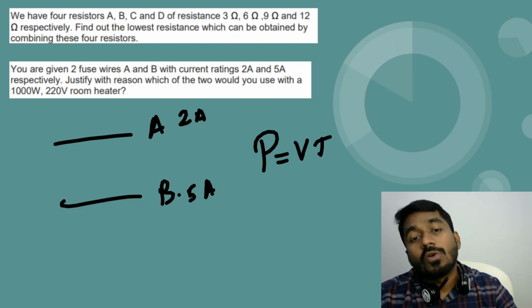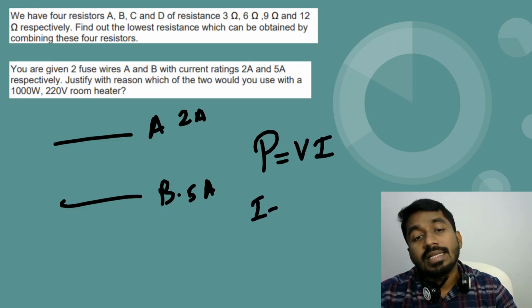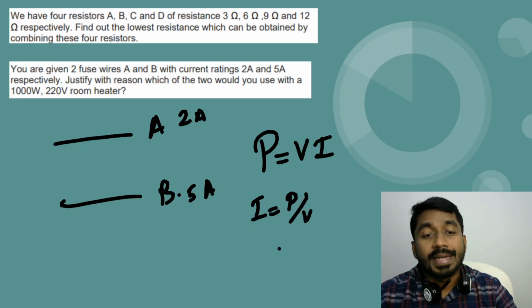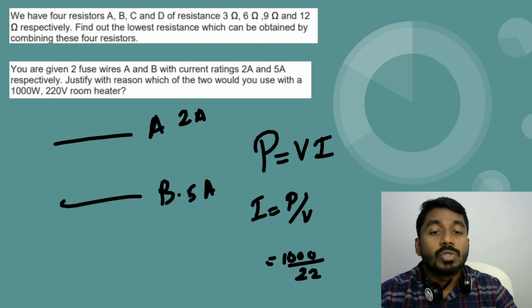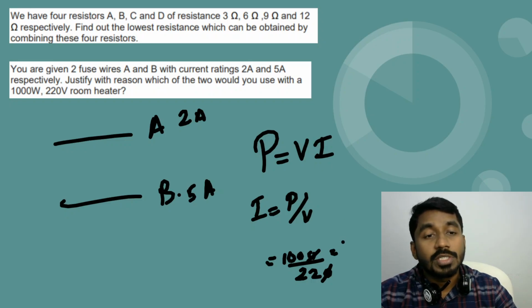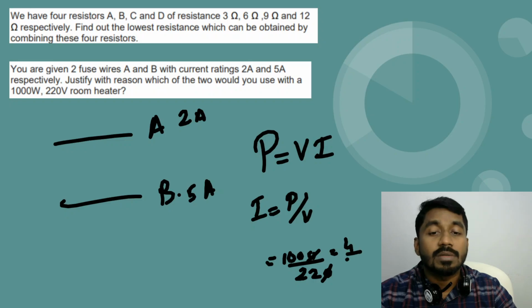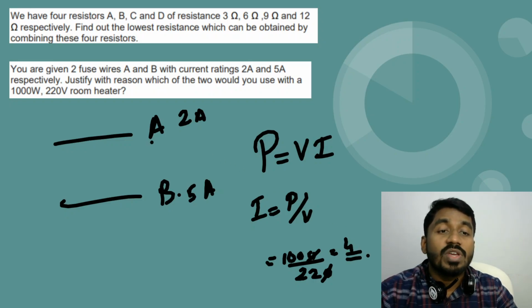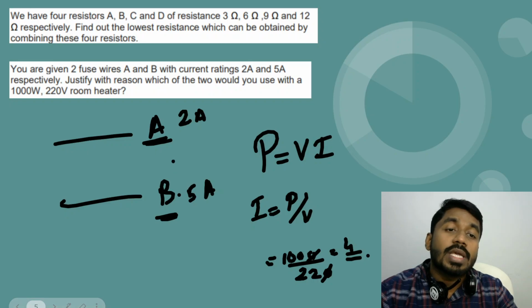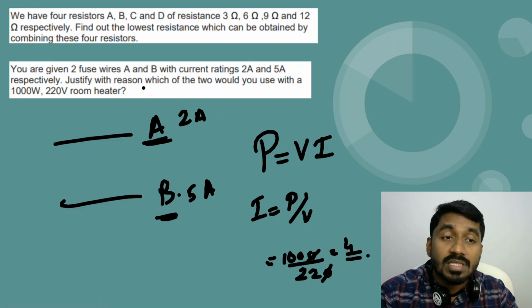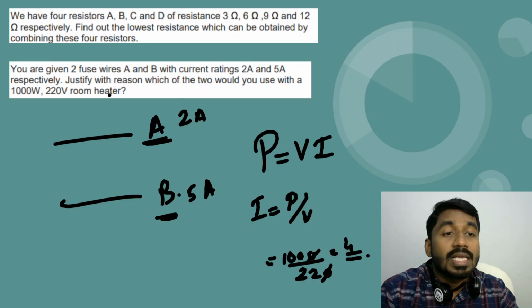Power is equal to voltage into current, so current is equal to power by voltage. What is the power here? 1000 by 220, so you will get around 100 by 22, nearly 4 point something. So which rating can you use?